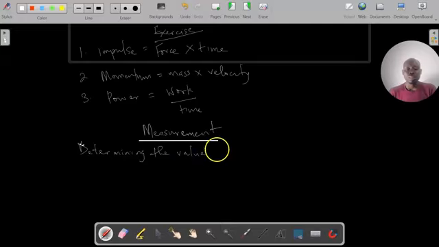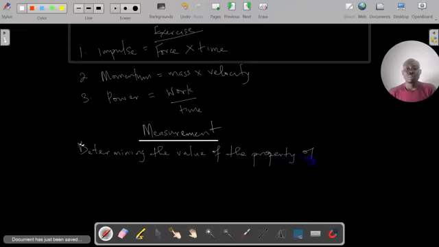Determining the value, or assigning the value of the property of a body, is measurement.